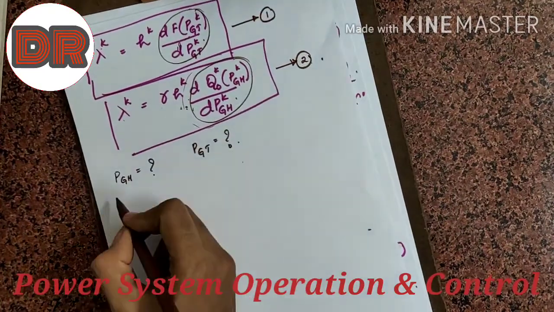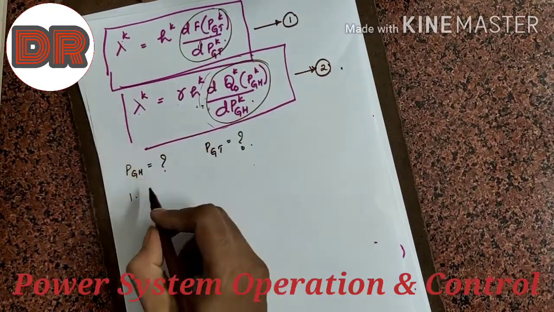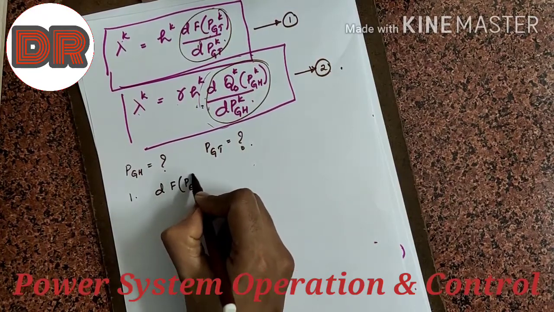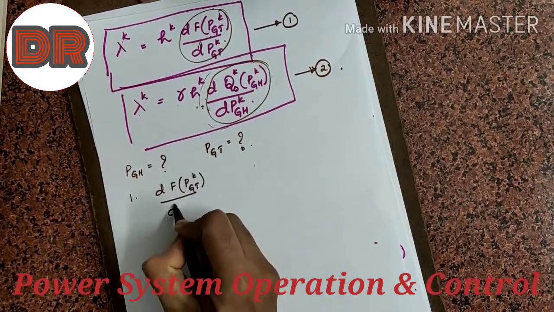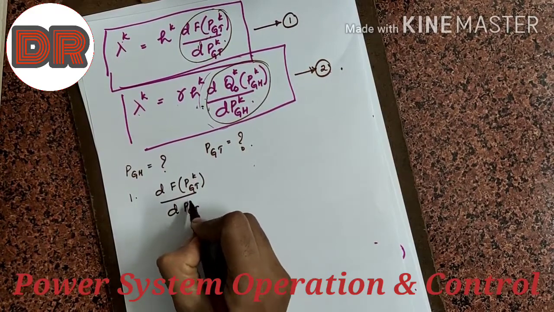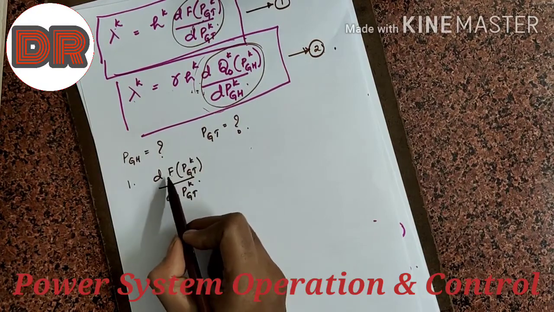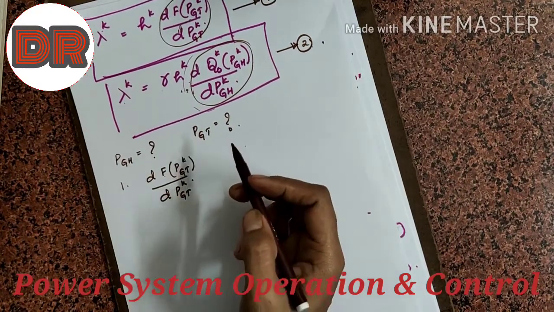So the first term needed is this, that is the differentiation of the function of pGT K with respect to pGT K. This is a cost function. F is nothing but the cost function of the thermal power plant.